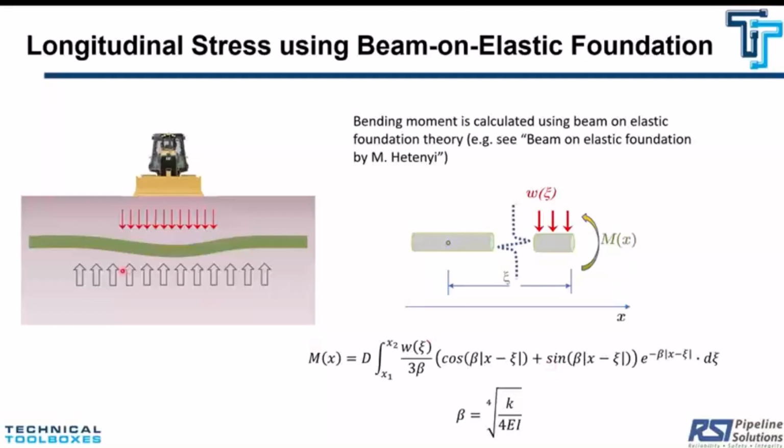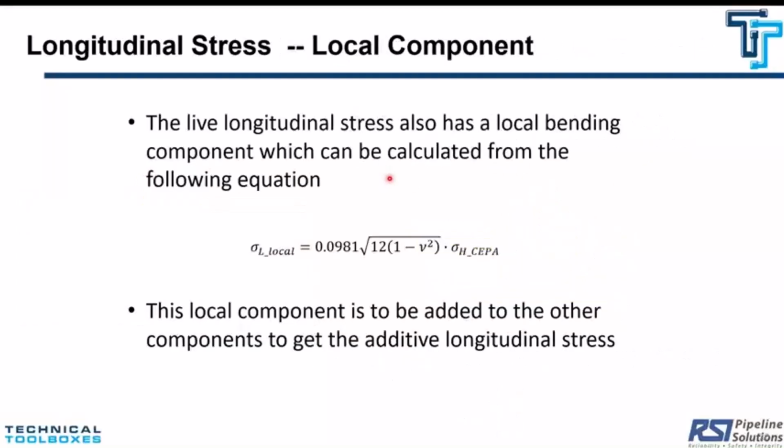Again, this equation accounts for this type of global bending of a pipe, and this is called beam on elastic foundation theory. If you're interested to learn more, I have provided a reference here. There is also a local bending, which I talked about in the longitudinal direction. That local bending is calculated from this equation.